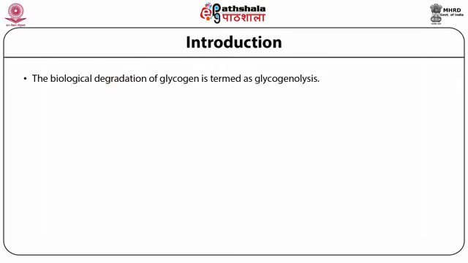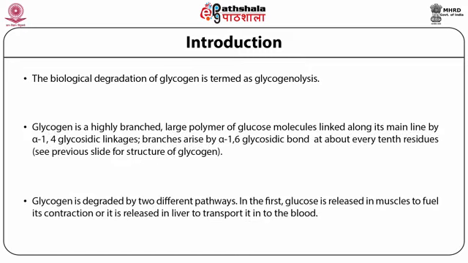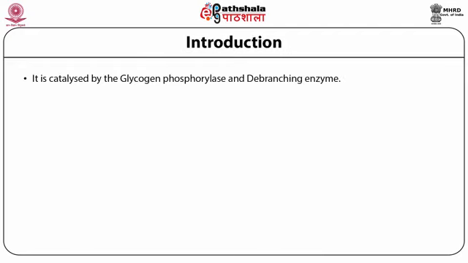The biological degradation of glycogen is termed as glycogenolysis. Glycogen is a highly branched large polymer of glucose molecules linked along its main line by alpha 1,4 glycosidic linkage. Branches arise by alpha 1,6 glycosidic bond at every 10th or more residues. It is catalyzed by glycogen phosphorylase and debranching enzyme.